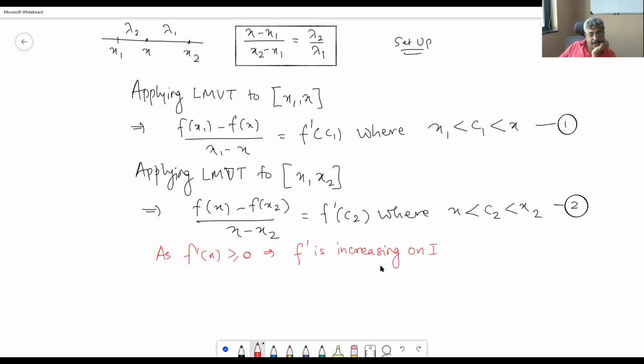Is that right? And therefore this implies f dash of c1 is going to be less than or equal to f dash of c2.